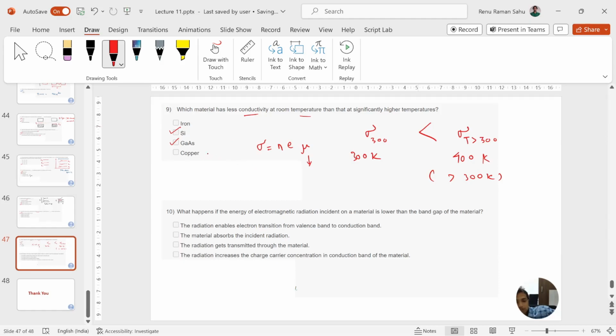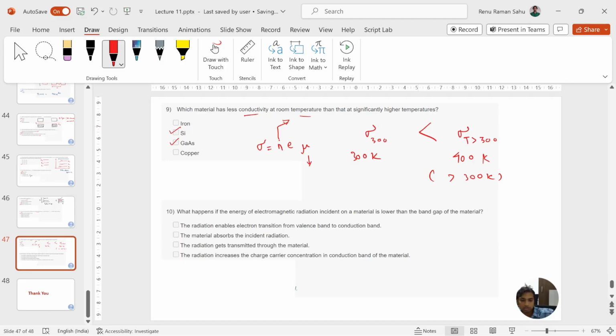Even in semiconductors, mu will decrease. But what happens in semiconductors is N will increase so much when you increase the temperature that it will compensate for the decrease in mu. So overall, in semiconductors, because of this increase in N, sigma will also increase if you increase the temperature.